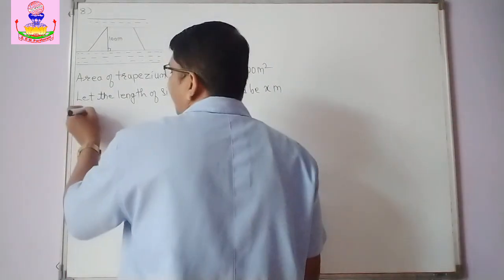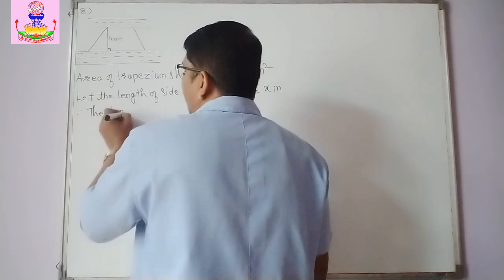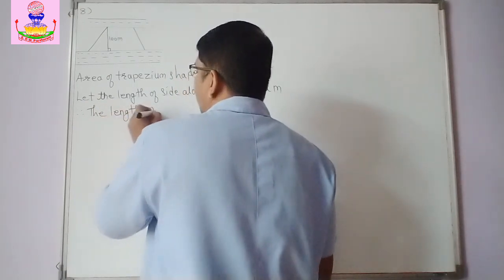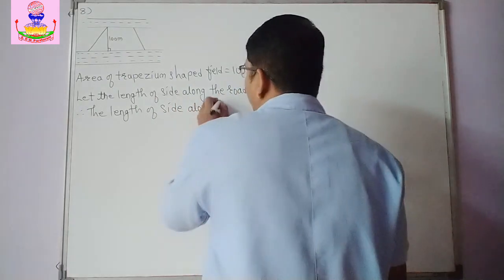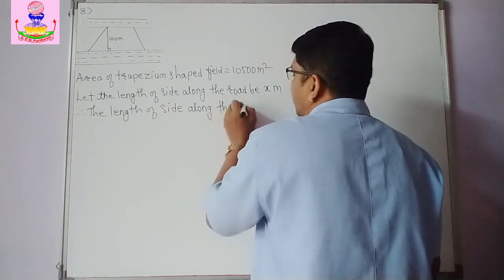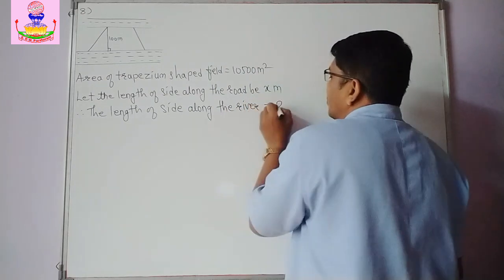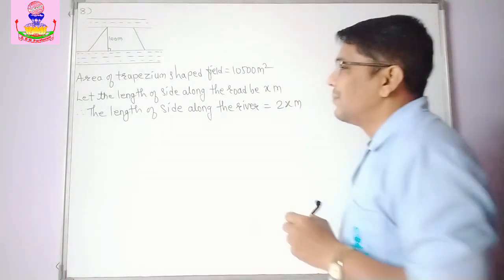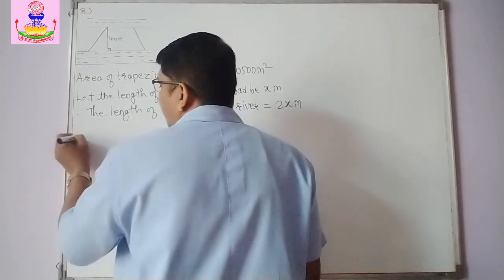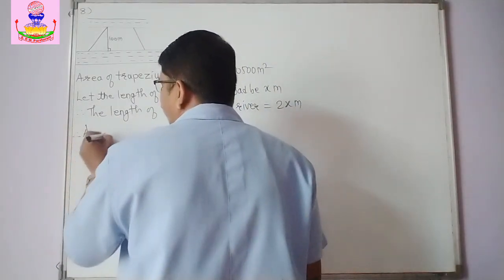Therefore the length of the side along the river equals 2x meters because it is twice of it. Exactly.